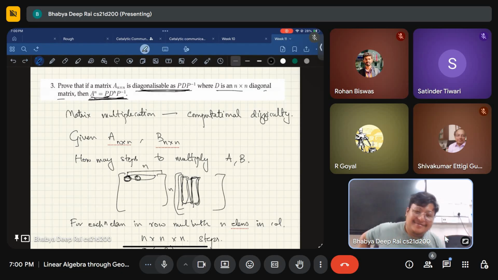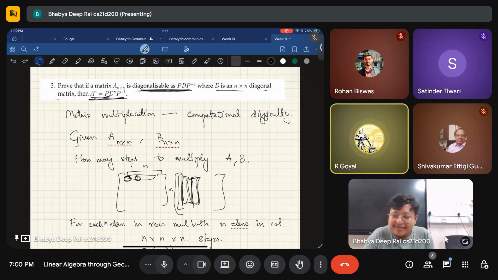So how much information is lost when I decompose a matrix? Since A, if it is diagonalizable, can be written as a product of P, D and then P inverse, capital D is something very redundant, in the sense that this is a diagonal matrix.